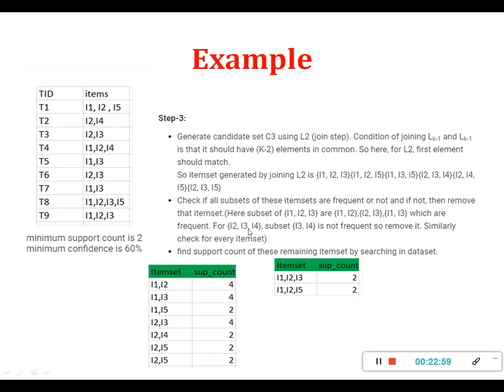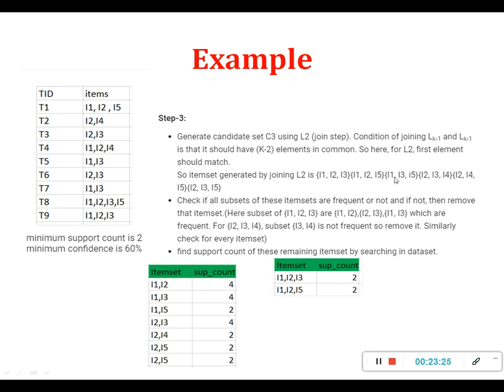I2, I3, then I3, I4 and I2, I4. So I will check first: I2, I3, is it there? Yes, it is there. I3, I4, is it there? No, it is not there, and that's why we can say that one subset is not frequent, and therefore this I2, I3, I4 is not frequent. So you can see that we have not included that in the candidate C3 table.